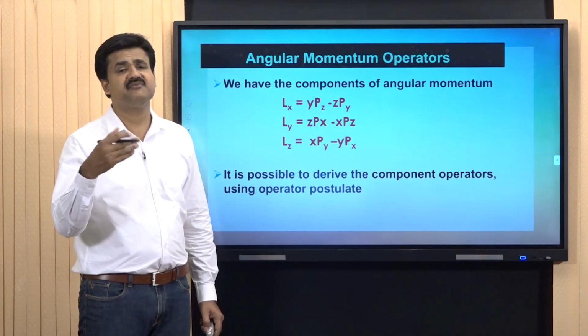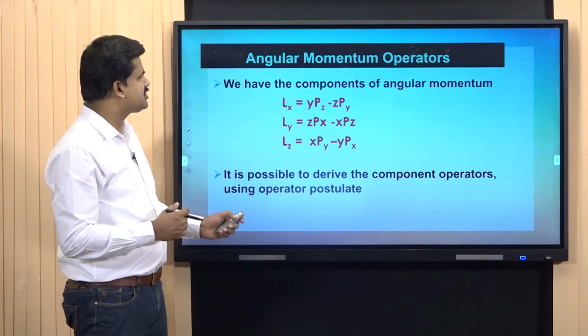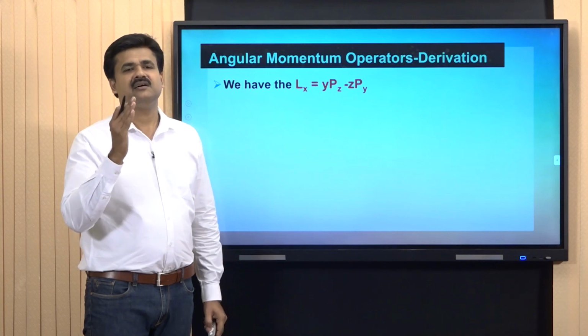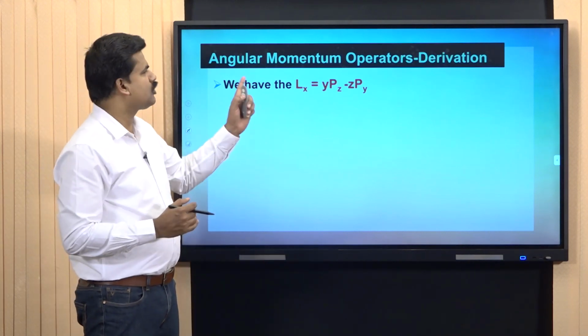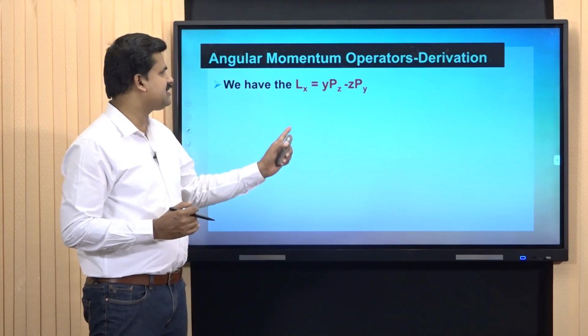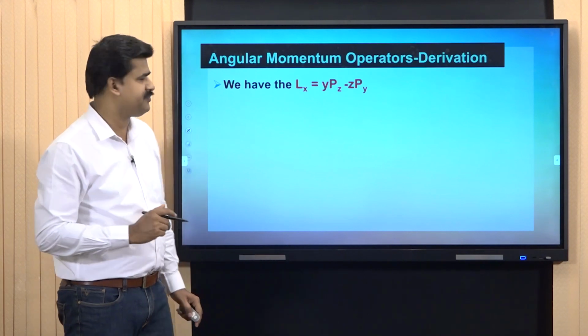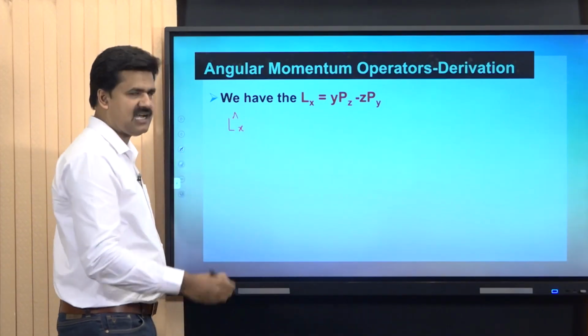After a rearrangement, we will get operators corresponding to the observable. So, here we are going to derive the operator corresponding to Lx. That means we are going to derive an operator corresponding to the x component of angular momentum, that is, the expression for Lx hat.